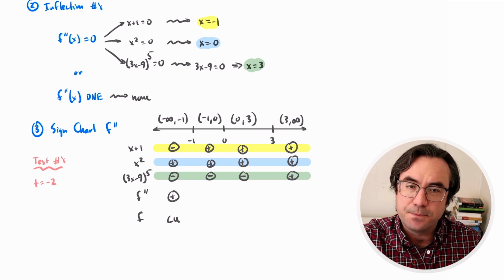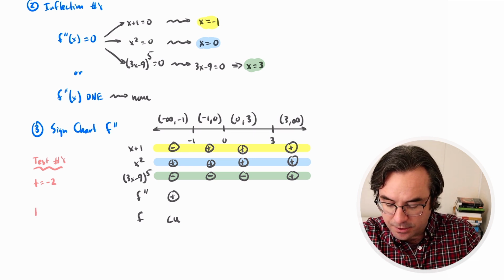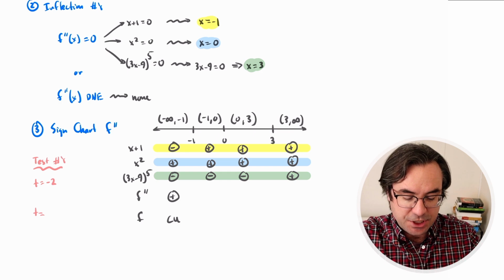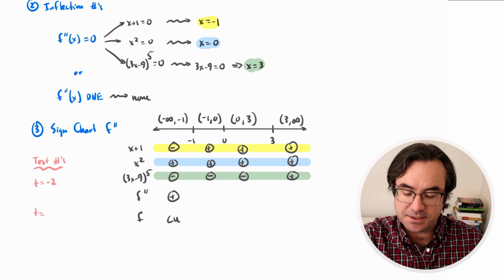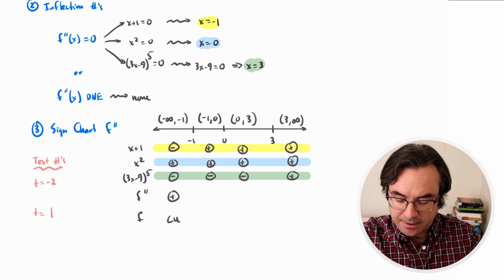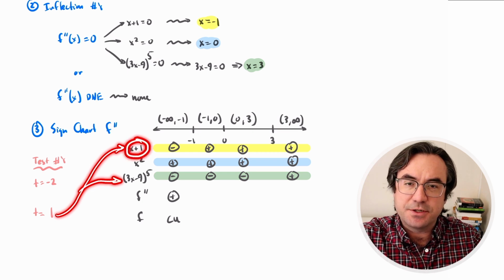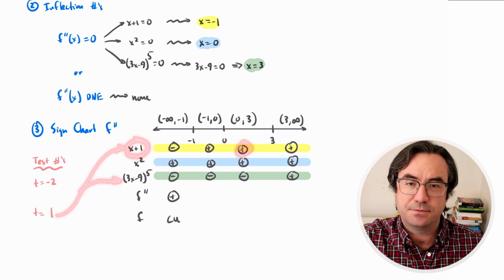Now, if you wanted to, you could check this out. It's always a good way to check your work. Let's check it for this interval, 0 to 3. Pick a test number, 1, and double check. Let's plug it into both of those factors. Into the first factor, we get 1 plus 1, which is positive 2, positive.